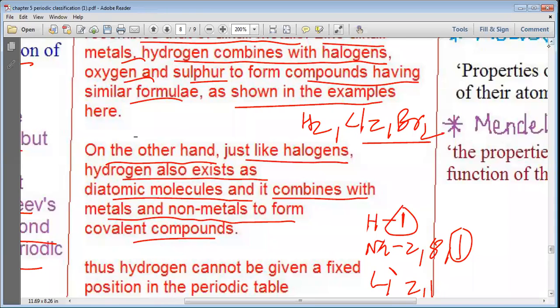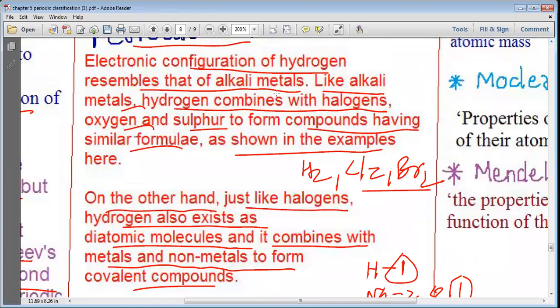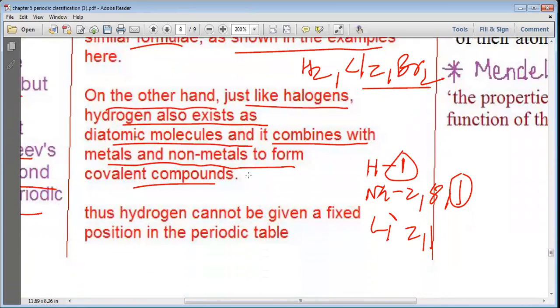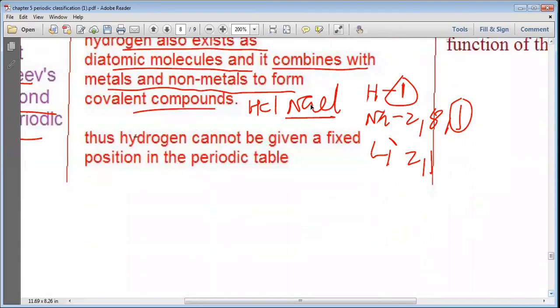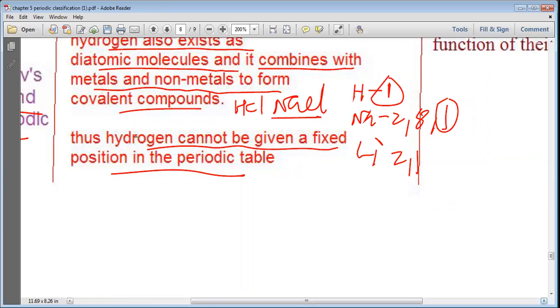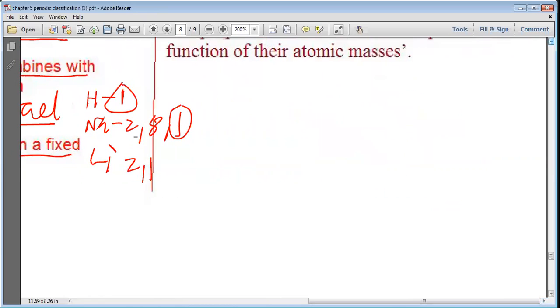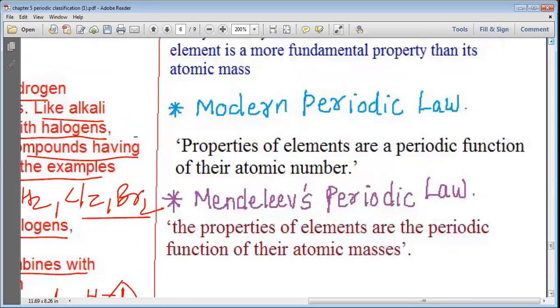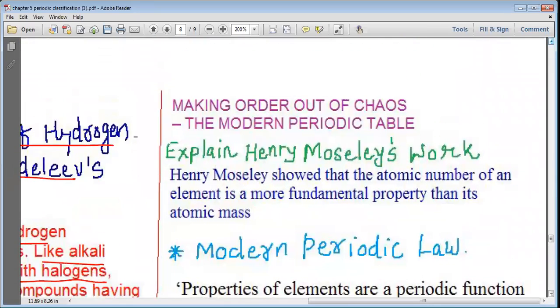Hydrogen makes similar compounds to those the halogens make, and the alkali metals also make compounds similar to hydrogen. For example, HCl is the compound of hydrogen with chlorine and NaCl is the compound of sodium with chlorine. This is how hydrogen resembles both the alkali metals and the halogens, and that is why hydrogen cannot be given a fixed position in the periodic table. This is how, my dear students, we understand that the position of hydrogen was not fixed.